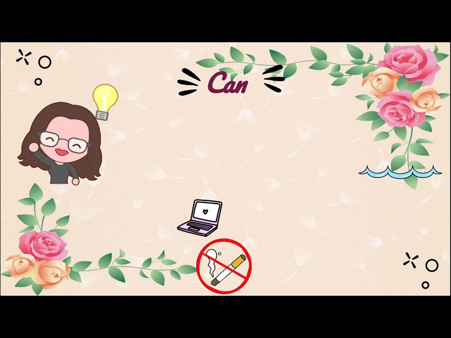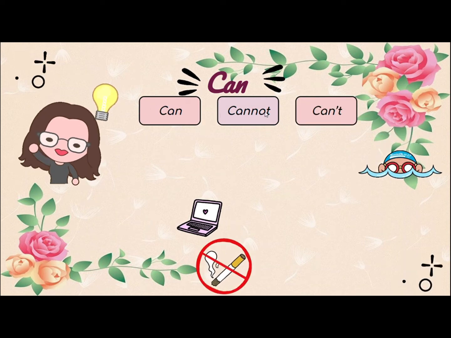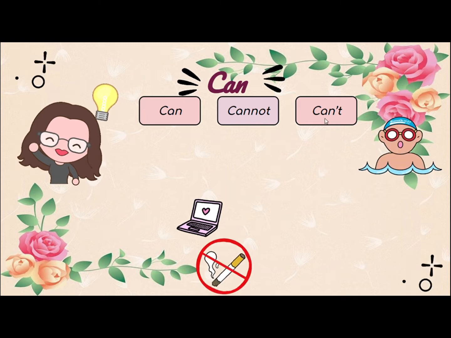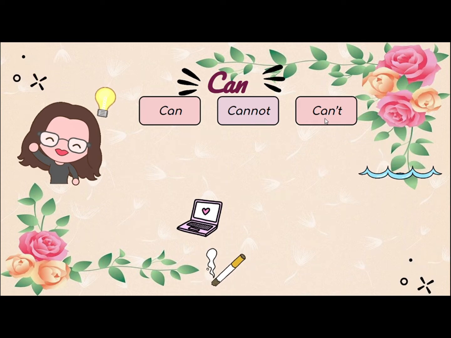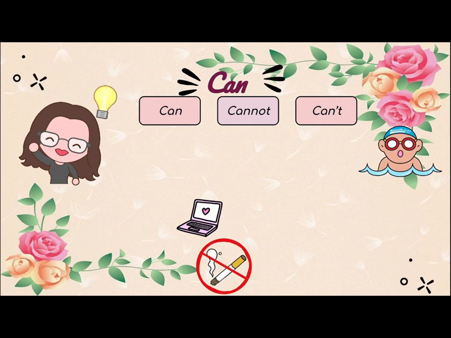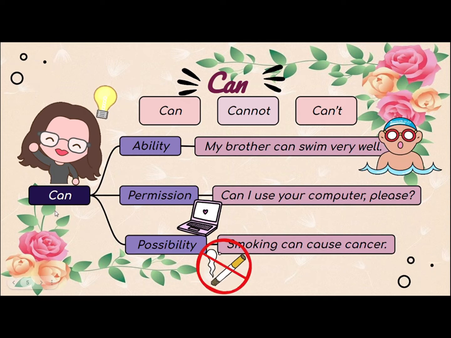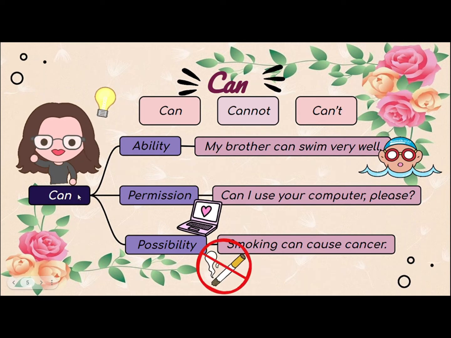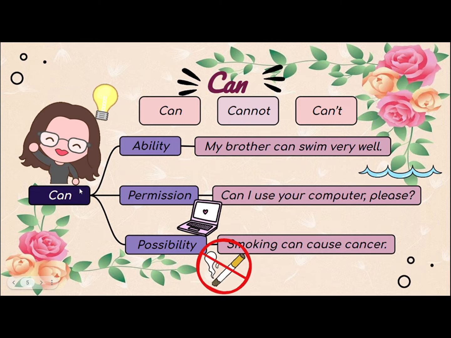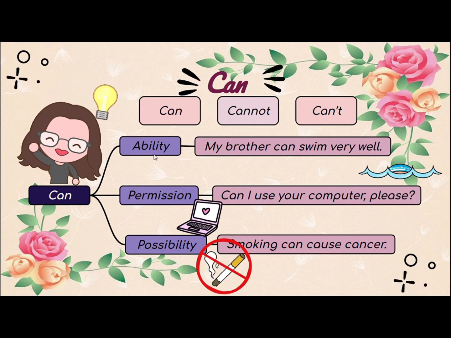Can. Positive form can, negative form cannot, and the contraction form of the negative form can't. We use the modal verb can to express an ability. For example, my brother can swim very well.